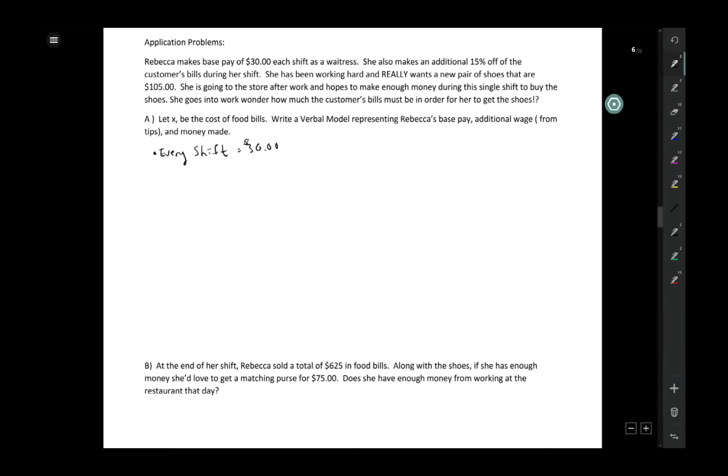So, depending on the customer's bills, which they can change, right? Maybe there's a lot of customers that day and it's a high number. Maybe there's not too many and it's a low number. That means it's a variable. So customer bills, we'll say that those are B, so a variable.